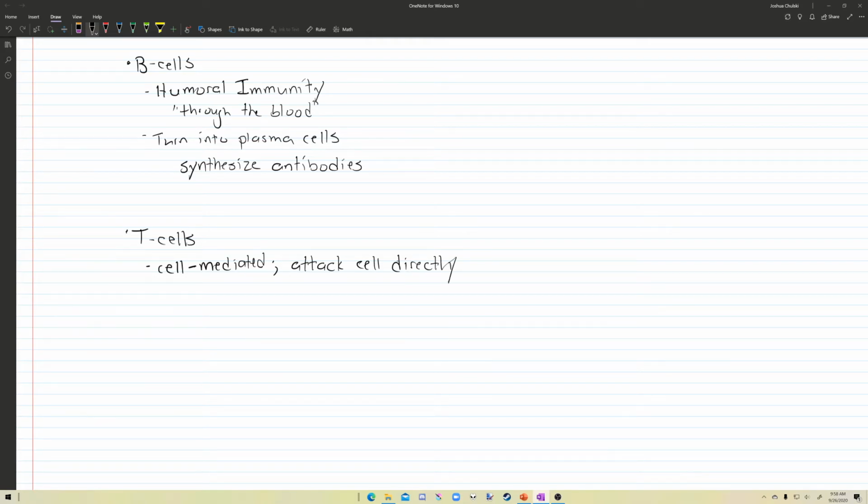So let's say you have an infection with some kind of strep. The T cells, when they have been taught to recognize this kind of strep, will go and find it and attack that cell directly. So that's the cell-mediated response. These cells actually go out and attack things.